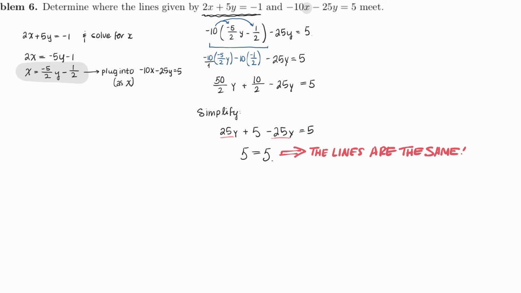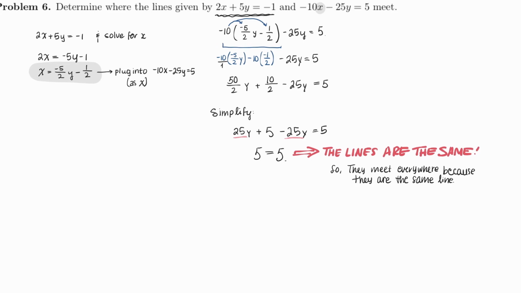If we're trying to figure out where the lines meet and they're the same line, they meet at infinitely many places because they're the same. So they meet everywhere, because they're the same line.